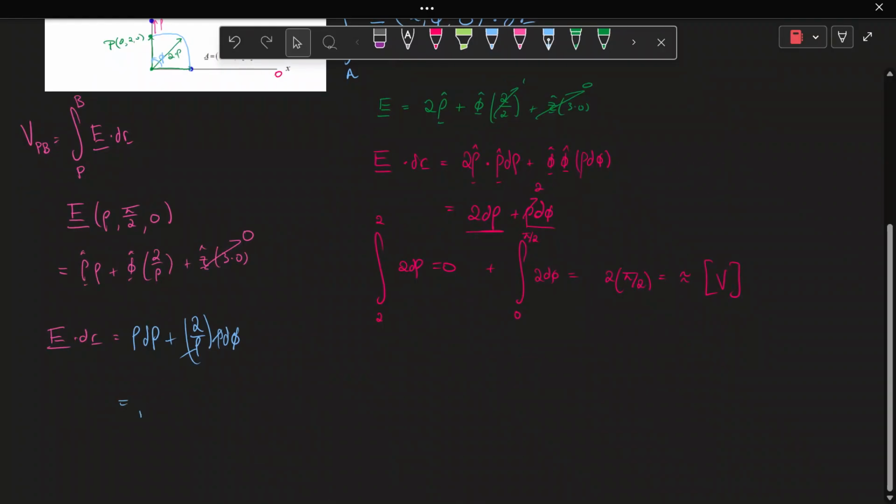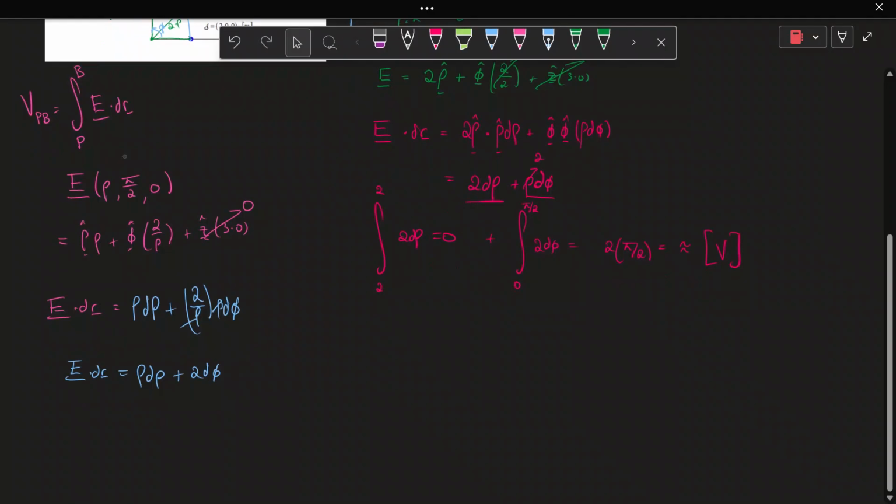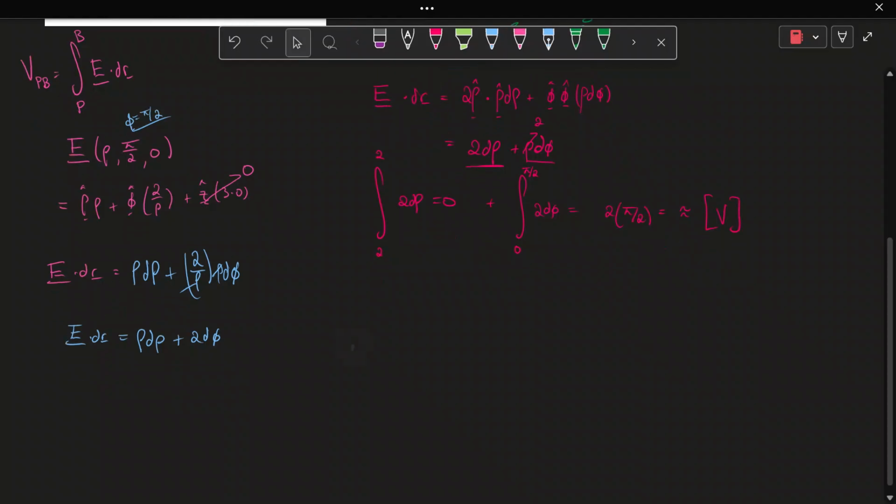So we can rewrite this here. Rho d rho plus 2 d phi is our E dot dr. We don't have to worry about phi being pi over 2 because there's no phi in the electric field, so it doesn't matter. Rho is a variable though.